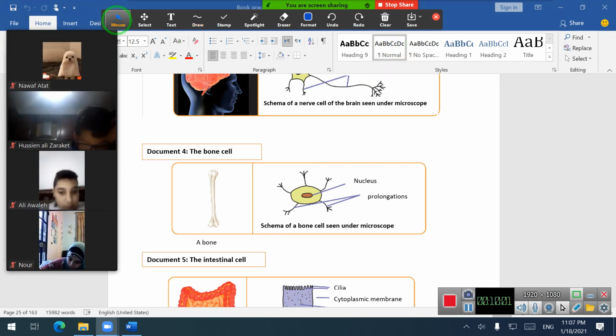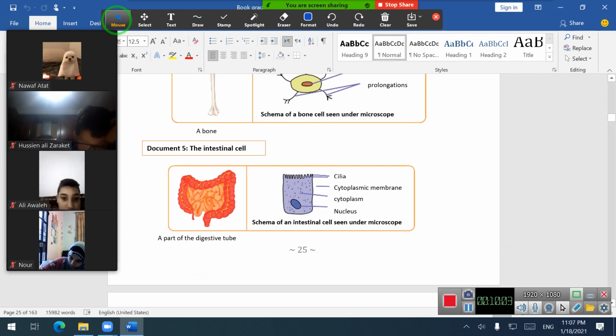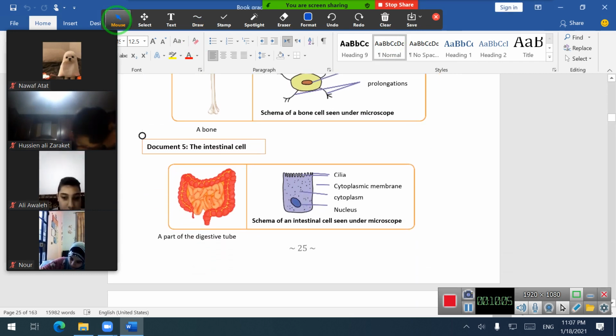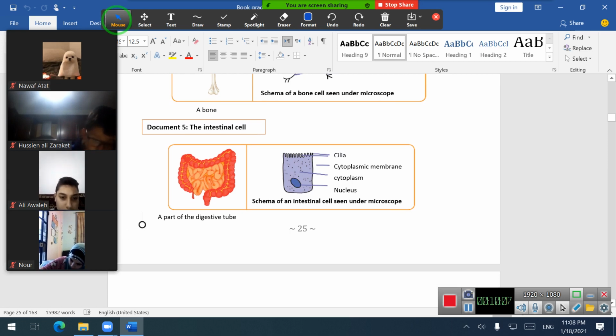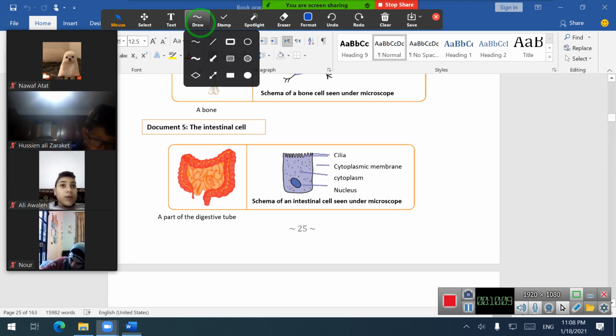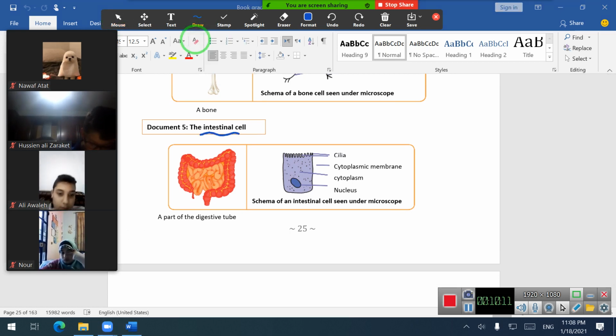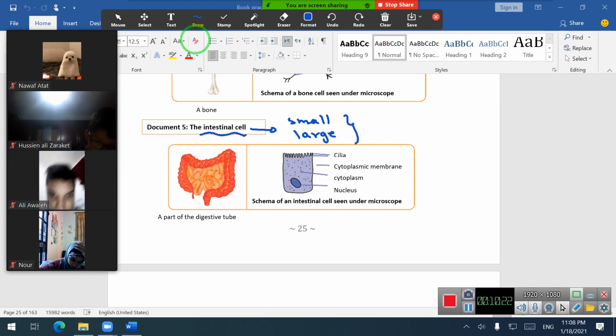Next, we are going to identify in this session all the cells, okay? Only identifying them. Document 5 shows the intestinal cell, which is found in your intestines. It is the small and large intestines. And as you see, we have cilia, which are like small hairs that surround the cell, as we said before.